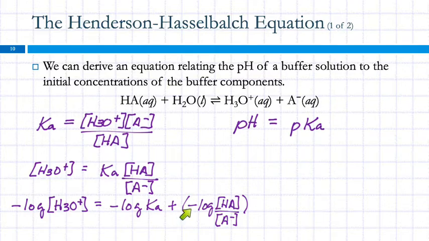And then here we're getting the negative log of HA over A minus. It's nicer if we don't have a negative there. If I get rid of this negative, I invert this fraction. So that's the same as plus the log of A minus over HA.